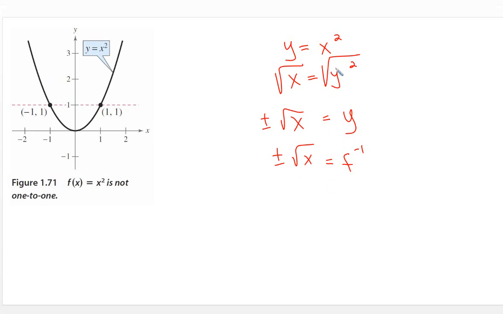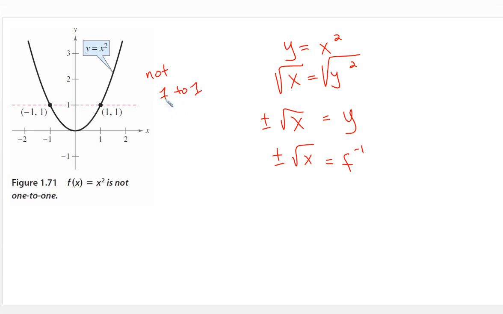So you might be saying, hey, this y equals x squared does have an inverse. This is the inverse right here. Algebraically, you can literally find the inverse of any function. But we know if we think about over here, x squared is a parabola. It doesn't pass the horizontal line test, which means it's not one-to-one.